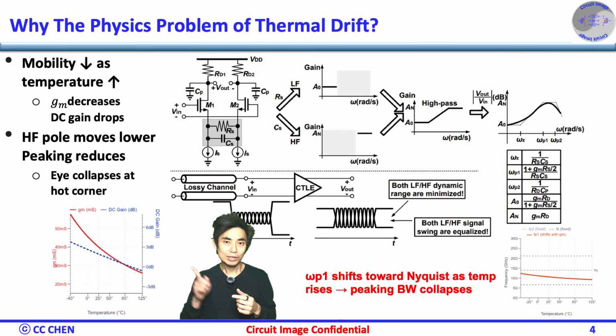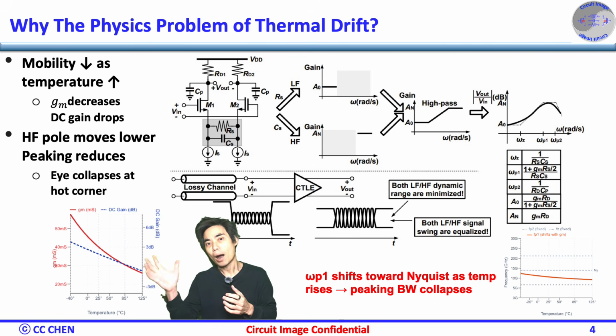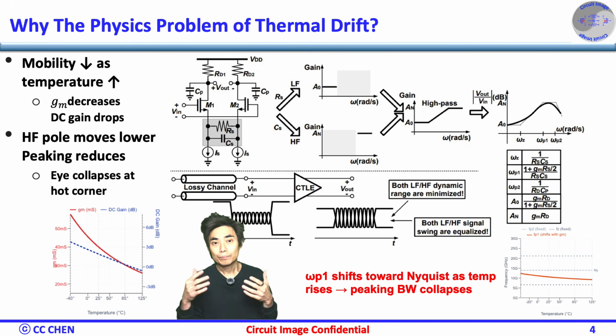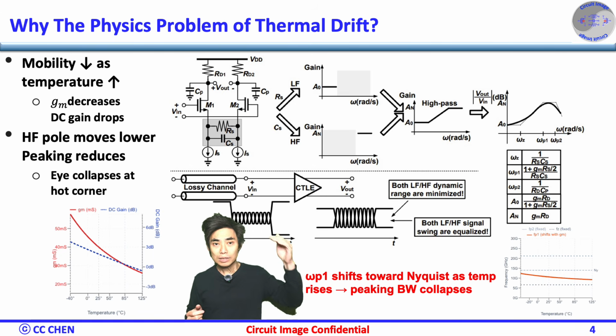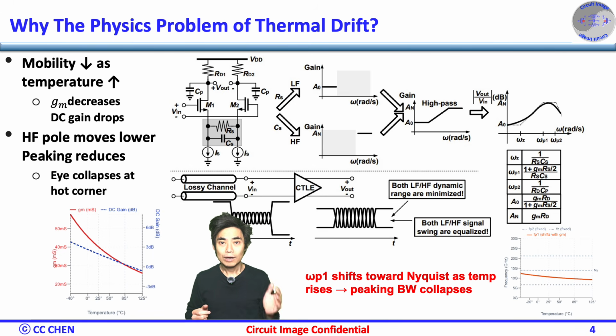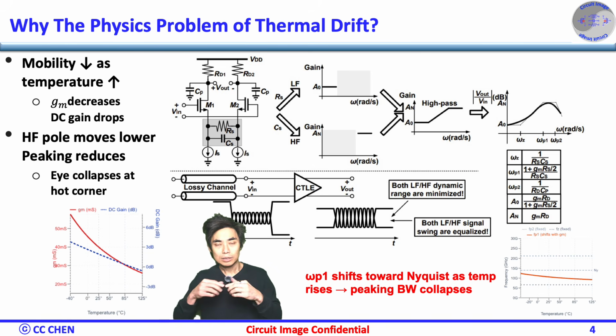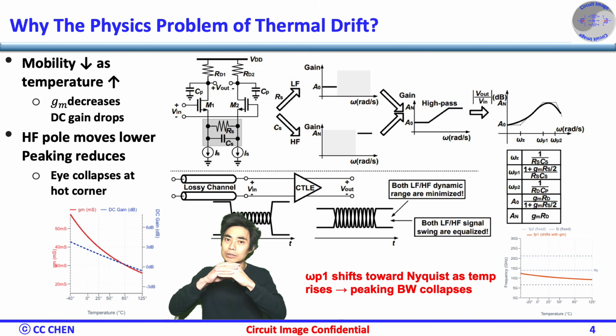As temperature rises, mobility drops roughly with T to the minus 1.5 power. If your bias current stays constant, gm falls. When gm falls, the DC gain drops and the high-frequency pole shifts lower. Your peaking shrinks, your eye closes.